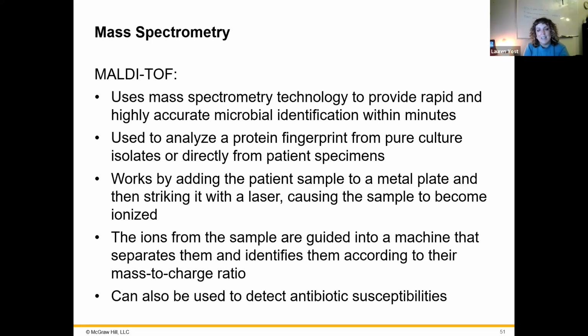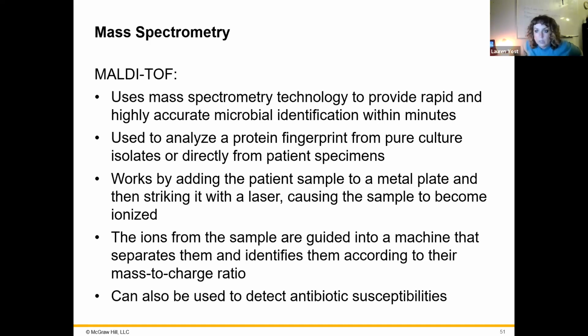Based on their reaction, their time of flight, how they are separated by the machine, and when they reach sensors in the machine, that can help it determine what the molecular makeup of the things that you're testing would be.